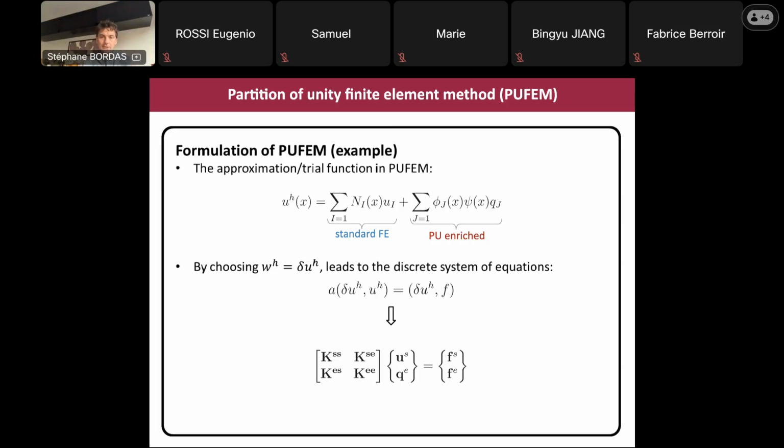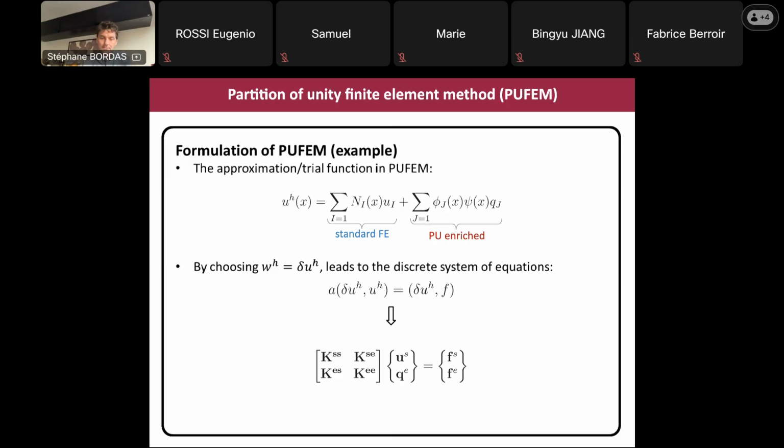And you have now unknowns. Normally you would have only US because you have only the standard part, but now you have extra unknowns that look like QE. And then the right-hand side has a force vector, the standard part plus another one that's the enriched part.